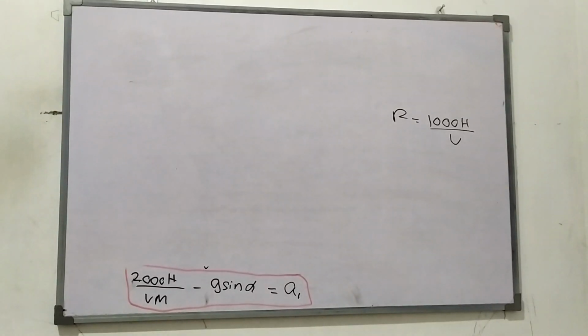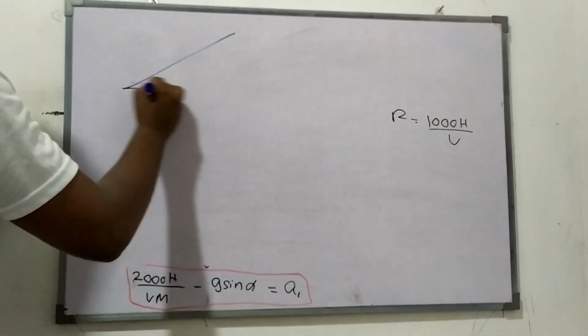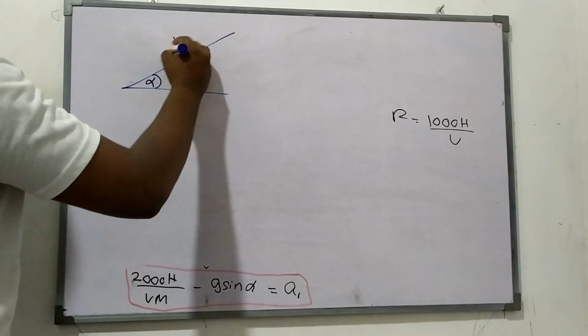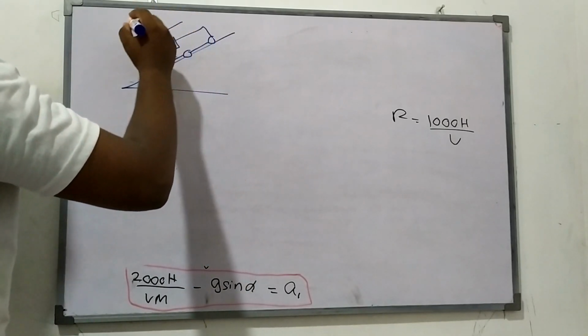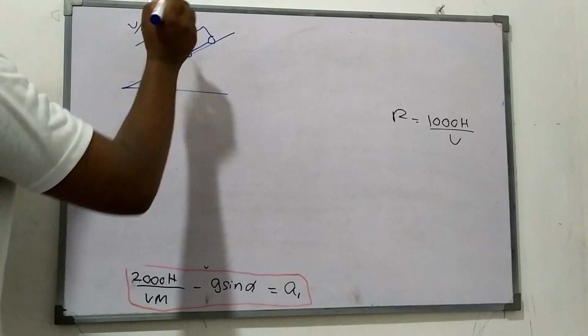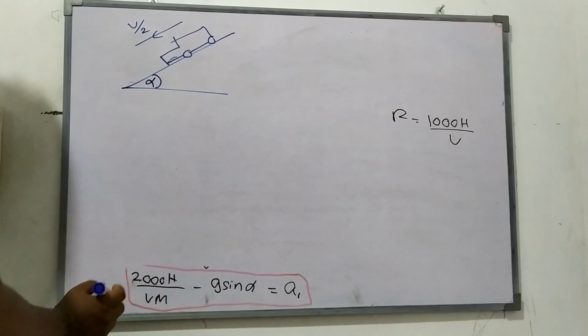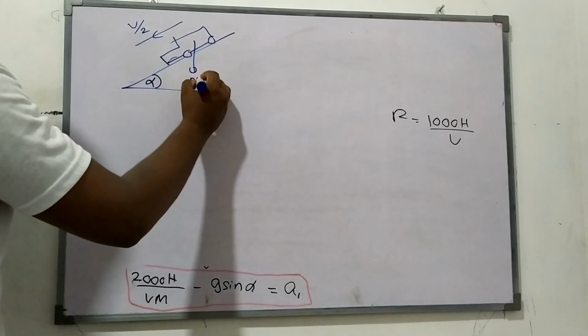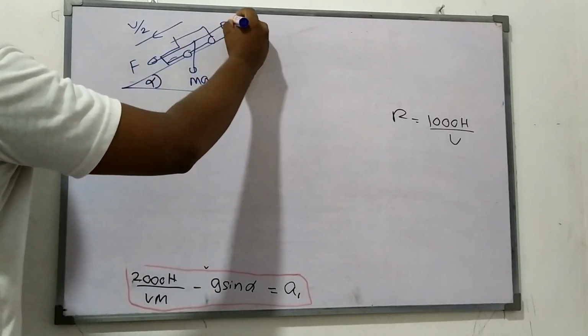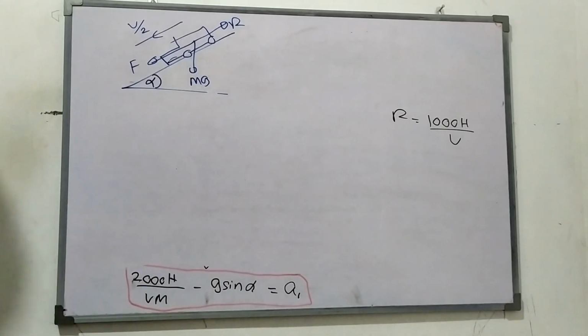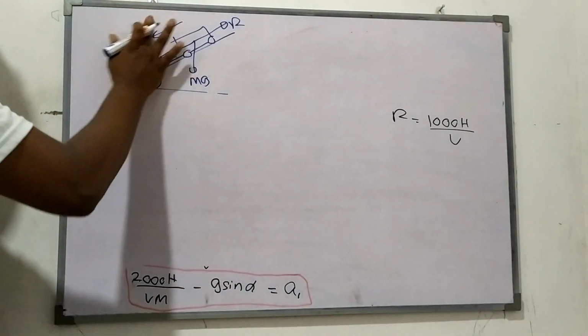And the second case, it's directly down, with the velocity v by 2, right?